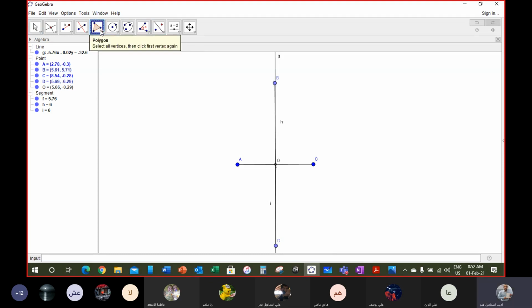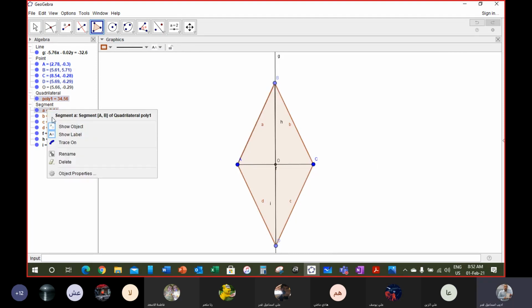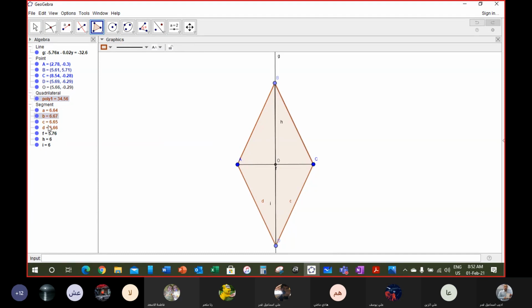هلا باخد polygon A B C D. هذا هو بيطلع الرومبس. So this is the rhombus ABCD.